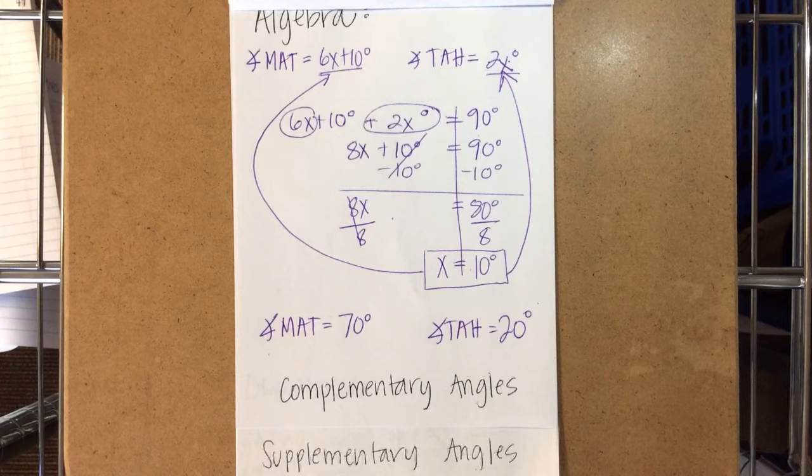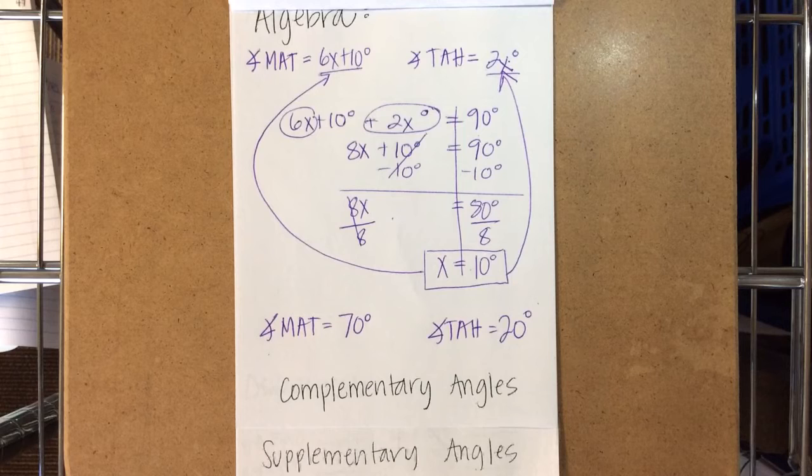Angle BES is equal to 10x plus 12 degrees. I can even write that in here. Angle BES is equal to 10x plus 12 degrees. And angle SET is 2x degrees.